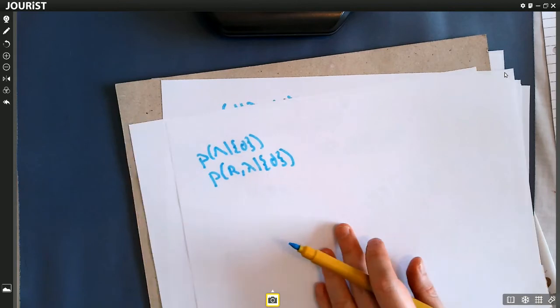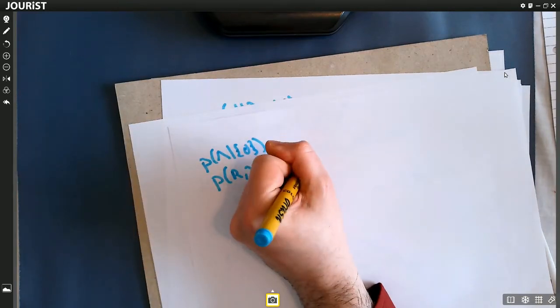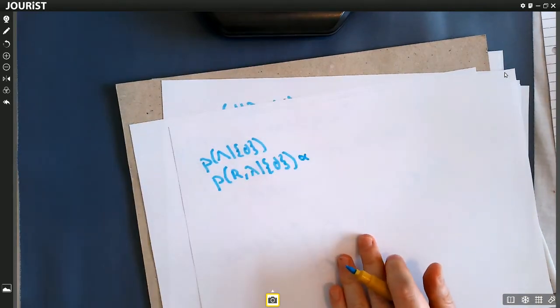Well, I'm going to go straight into a proportionality here, because otherwise it's going to be a bit too much to write everything there.